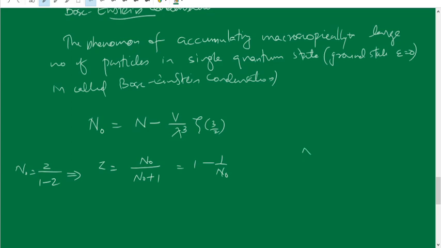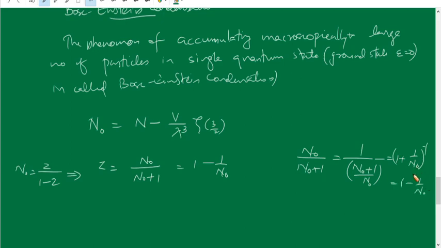So n0 divided by n0 plus 1 is equal to 1 divided by 1 plus 1 by n0, whole raised to minus 1. This is 1 minus 1 by n0.